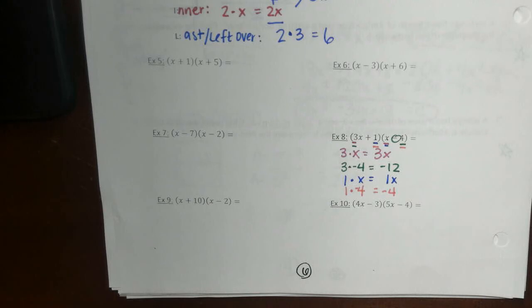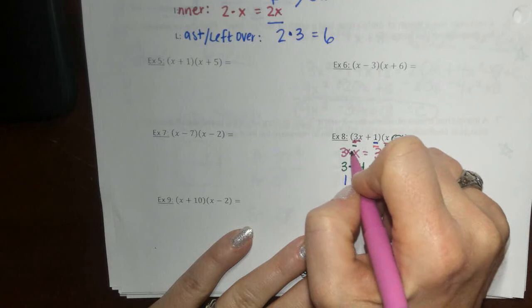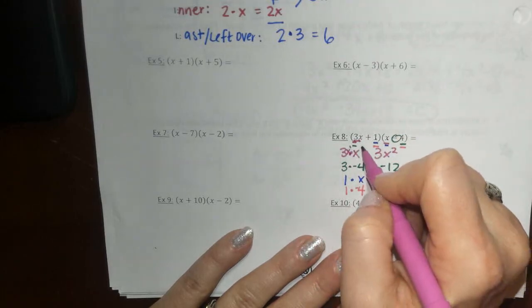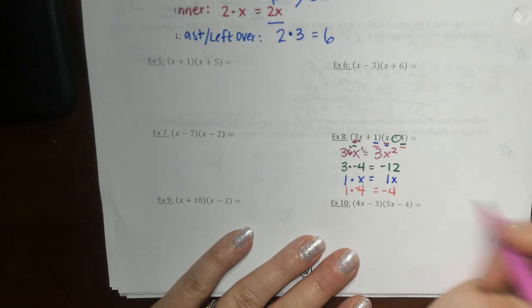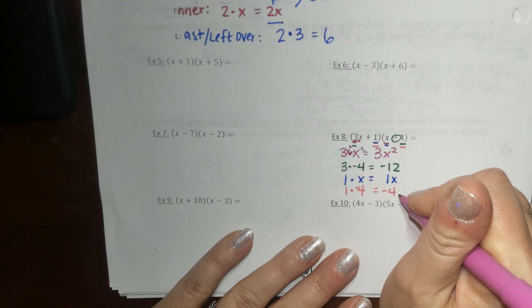Oh, and I realized I just made an error, guys. I just did the 3 instead of the 3x. So that was actually 3x times x, which is 3x squared, because you had an x to the first and an x to the first that you add together. So now I'm going to combine any like terms that I have.